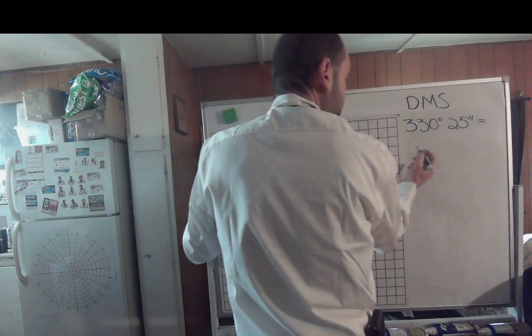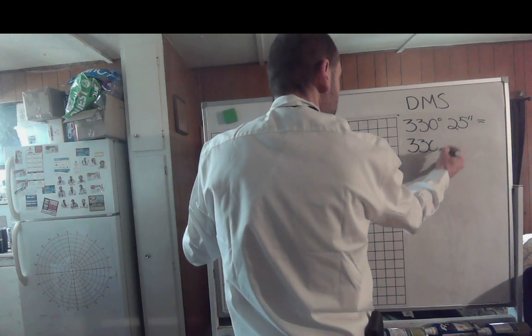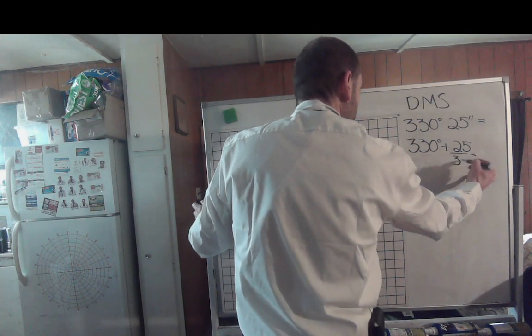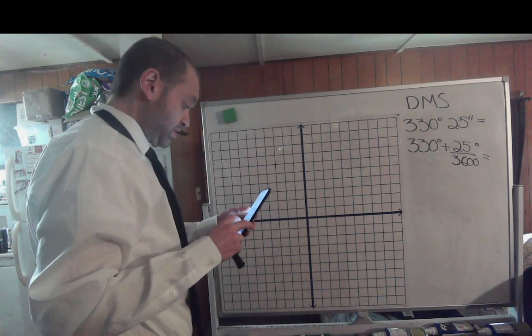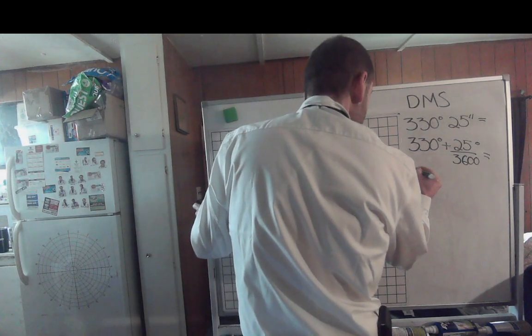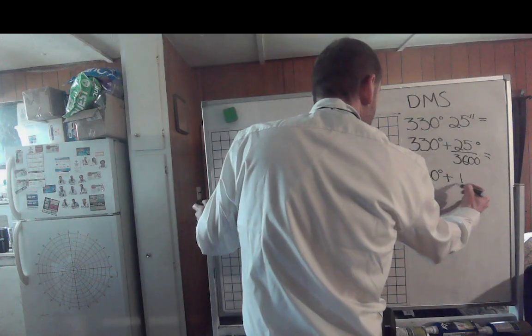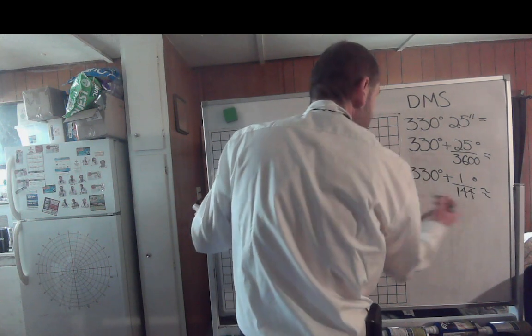We have no minutes, but that 330 degrees, 25 seconds is the same as 330 degrees plus 25 out of 3,600 degrees. Which we know 25 and 3,600 are absolutely going to reduce. That would turn into 1 over 144. So this would become 330 degrees plus 1 over 144 degrees, which now we can get a decimal approximation.